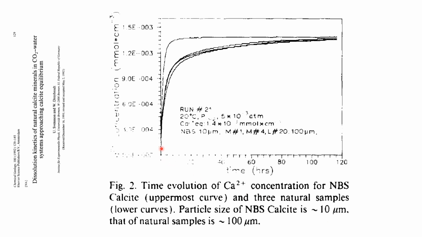And you can see that this probably reaches close to equilibrium in maybe 20 hours or less than a day. You will see that the calcite is completely reacted with the chemical solution. But the natural samples of limestone, they're still reacting. They've maybe reached 3/4 of the way to equilibrium after a day, and they still haven't reached equilibrium after 5 days.